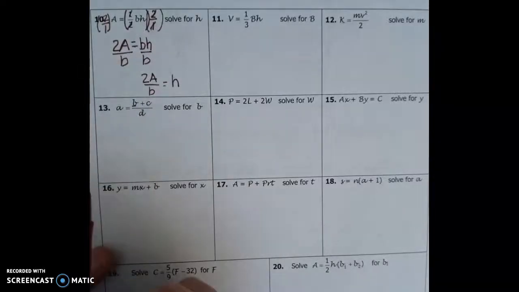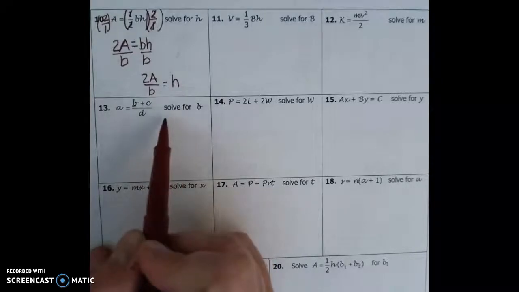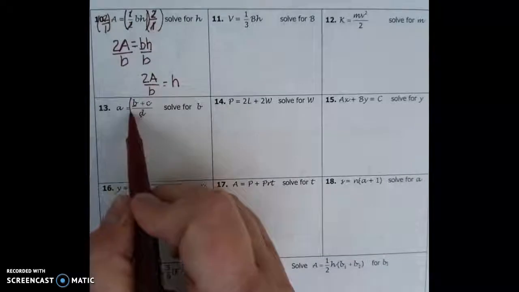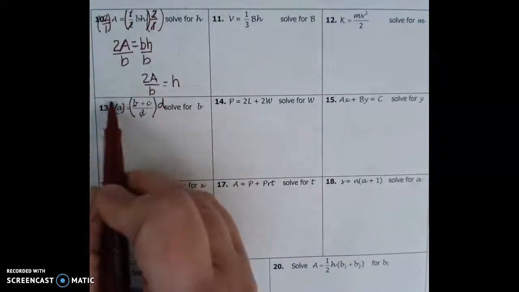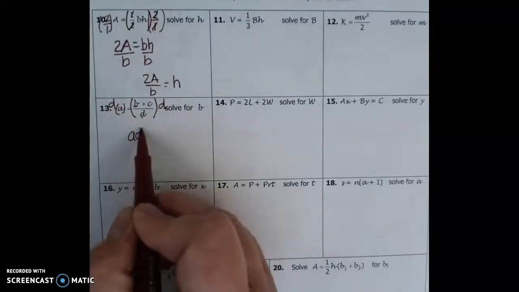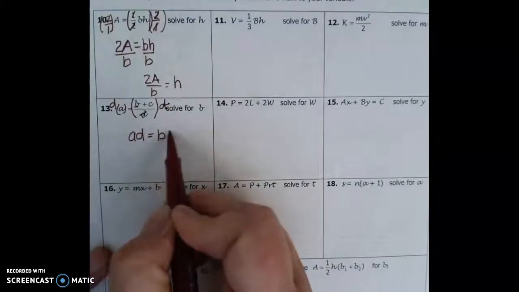That's a monomial. So there's nothing being added or subtracted to this fraction, so we're going to jump straight to getting rid of the denominator. The denominator is d, so we want to multiply this side by d, and along with the left. So we'll have a times d equals, those guys cancel, b plus c.